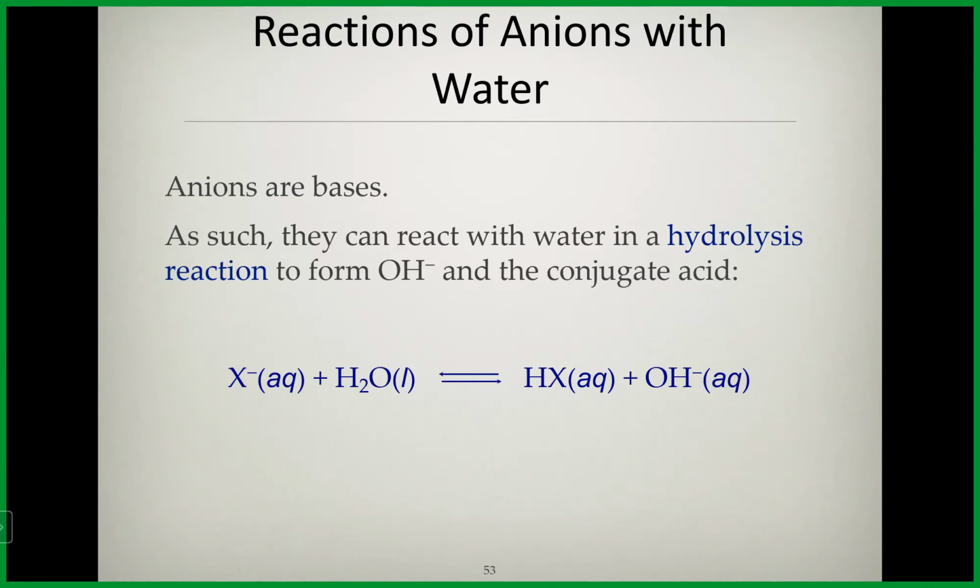So they're going to be essentially able to take one of those hydrogens from water to form HX, in this case, just that generic neutral compound, whatever it's going to be. But that's also then going to give us the hydroxide ion. And this is going to be an example of a hydrolysis reaction. So hydrolysis reaction is just referring to a reaction that essentially decomposes water. So in this case, we can see it's breaking down.